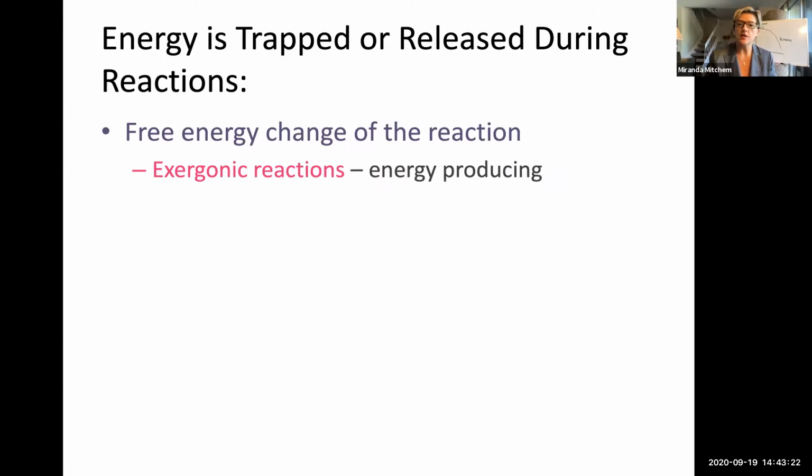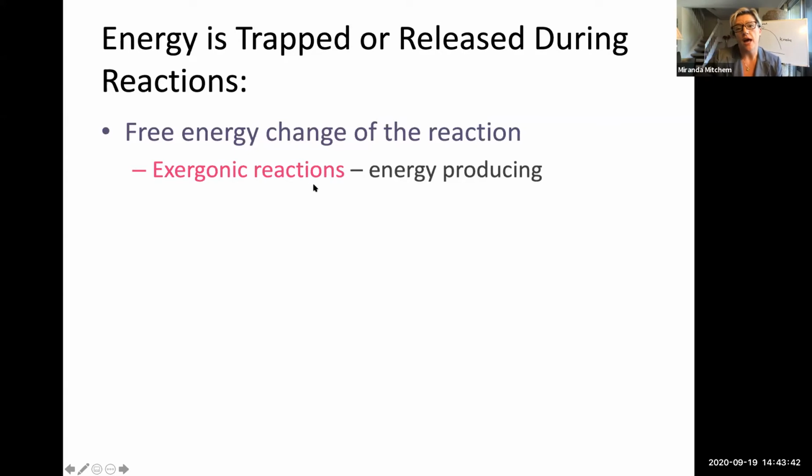All right, so let's talk about different types of chemical reactions. We've got two main types. The first I'll introduce you to is the exergonic. Exer means to exit or to release.